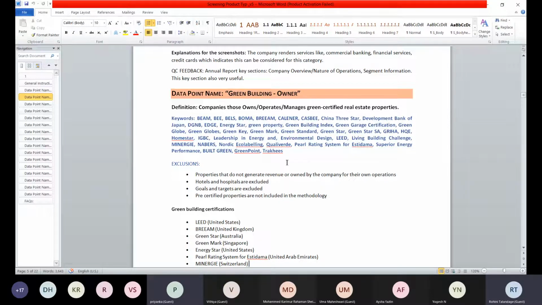So for the green building owner, we have to see whether the company owns, operates or manages any green certified real estate properties, or whether they have any green buildings. Any doubt in understanding what a green building is?